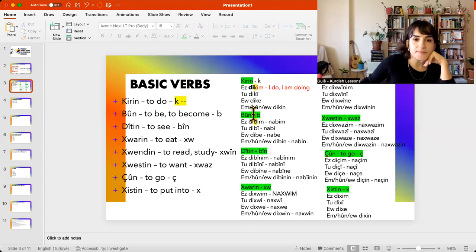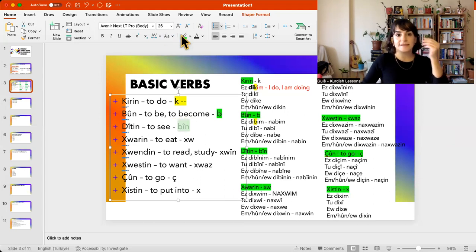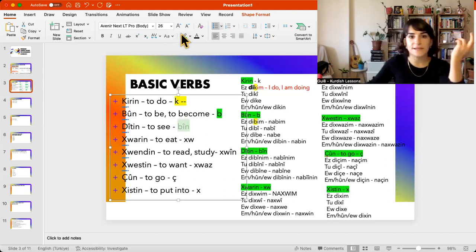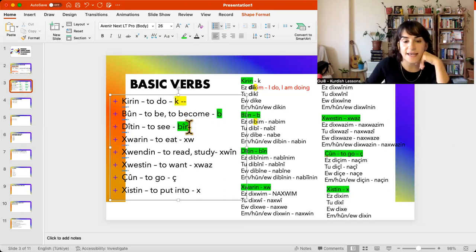So here, have a look at something, okay? So be careful. You see, all these stems end with a consonant. So k is a consonant, b is a consonant, and bin ends with a consonant. W is a consonant. Khwin ends with a consonant.